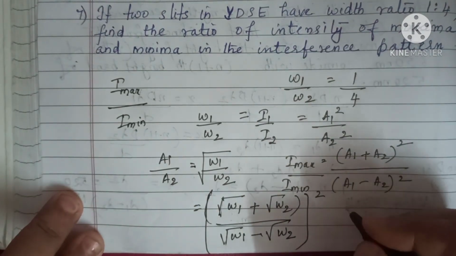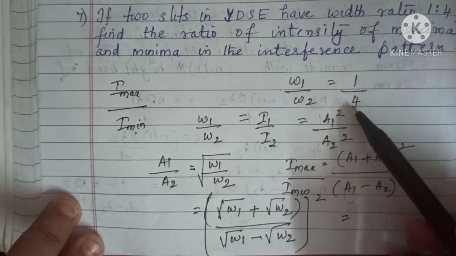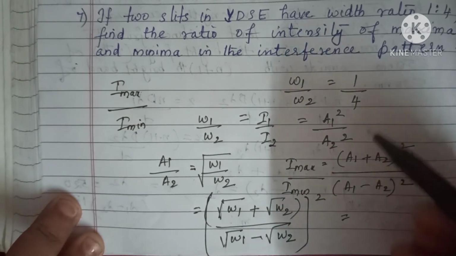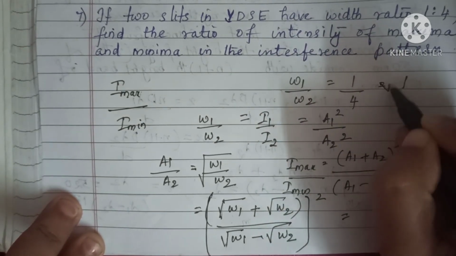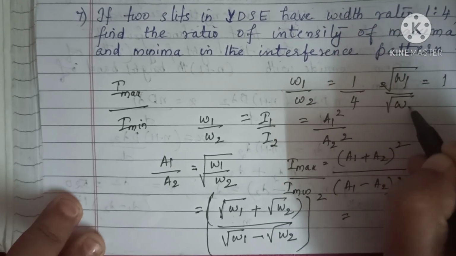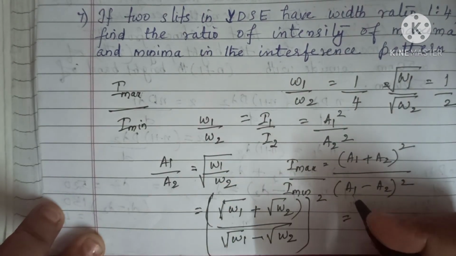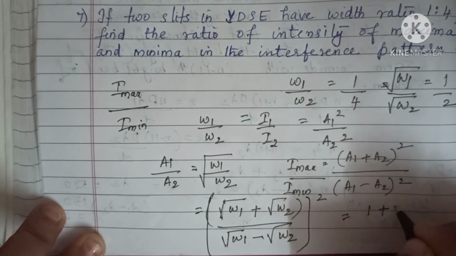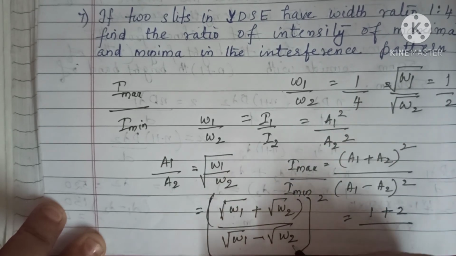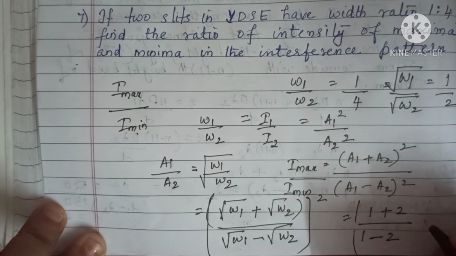Now you can substitute the values. That is, you have the ratio 1 and 4. So root of W1 will be 1, isn't it? Root of W1 is 1 and root of W2 is 2. Okay, now substitute here. You will get 1 plus 2 divided by 1 minus 2, the whole squared.